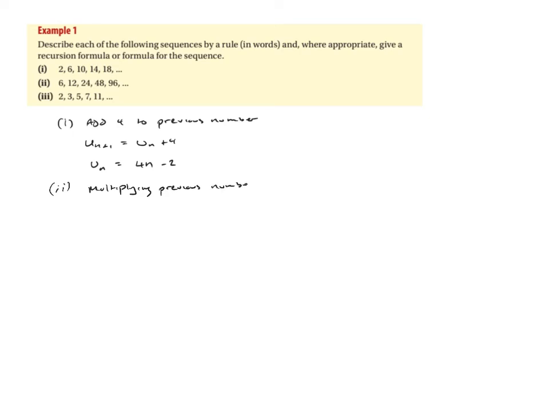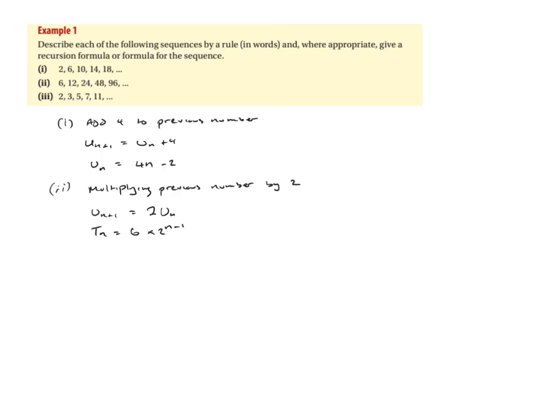Hopefully you can see that to write this as a recursive formula, this is just going to be u(n+1) is equal to 2 times u(n). The formula t of n in this particular one is 6 multiplied by 2 to the n minus 1.